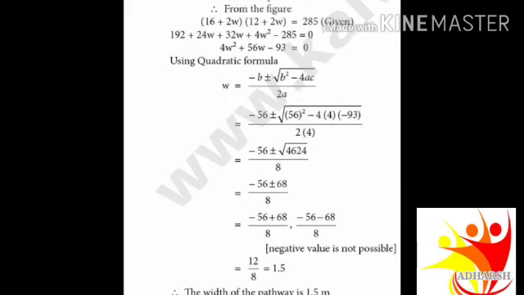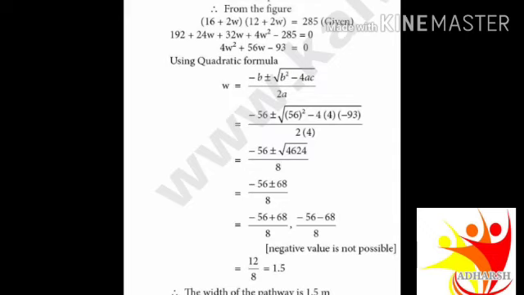Now substitute the values of A, B, C in the equation. Therefore minus 56, B value, plus or minus root of B value 56 the whole square minus 4 into A value 4, C value minus 93, divided by 2 into A value 4.